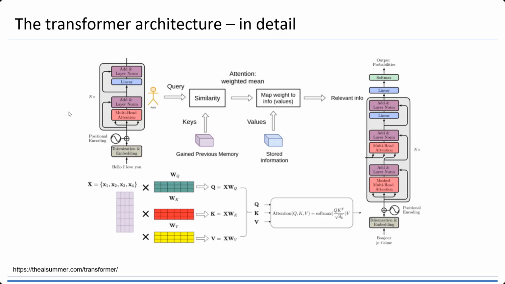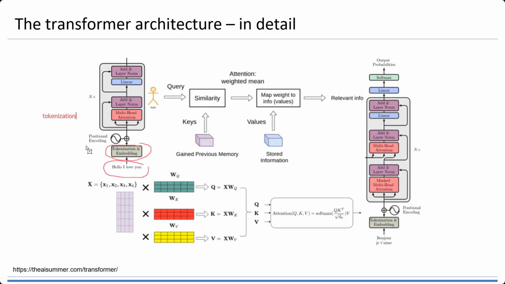Yeah, in detail, we can look at the transformer something like this. Let's say I have an input, this one. So you can do the tokenization. I think you already know what tokenization is.